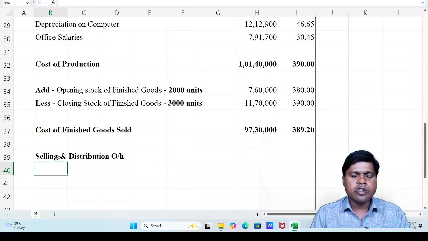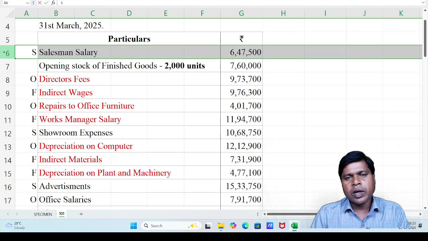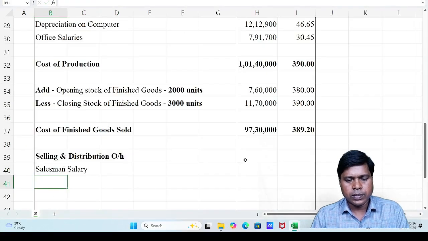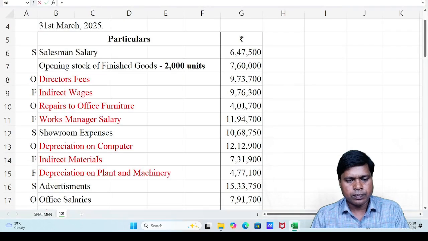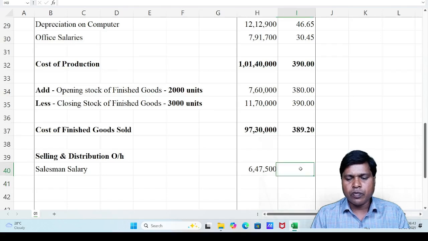This is the selling and distribution overheads cost elements group, and again in the question we have to find items under selling and distribution overheads. Now it is very easy: the remaining items are selling and distribution overheads cost elements groups. Salesman salary, amount 6,47,500.